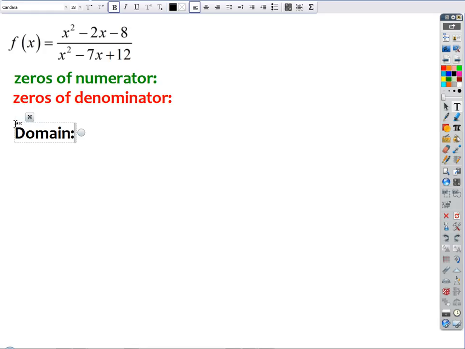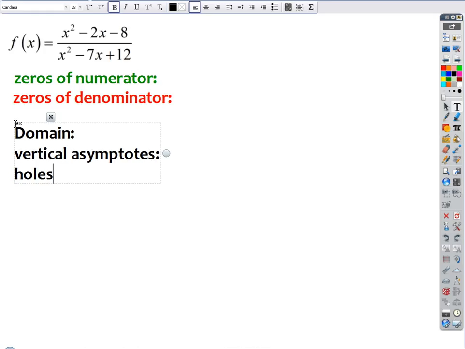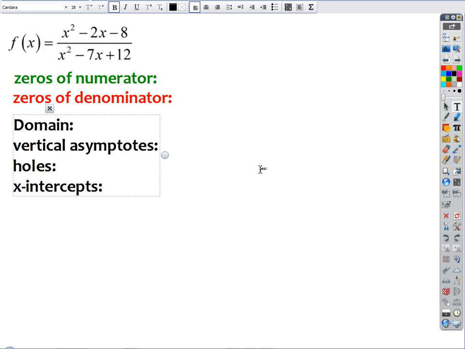What's the domain? Vertical asymptotes, poles, and x-intercepts. Go.